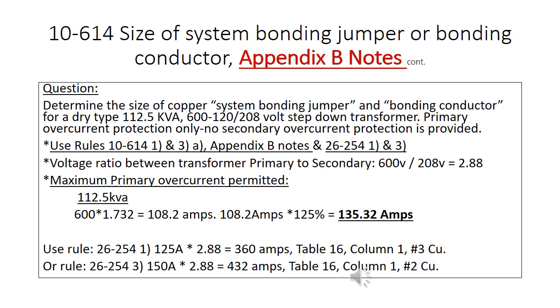We then look at Table 16, column 1, and our conductor is now a number 2 copper. So do you see how nasty this rule can be? Just by increasing the overcurrent device, we now have to use a larger conductor.